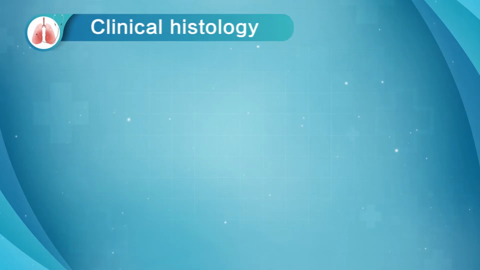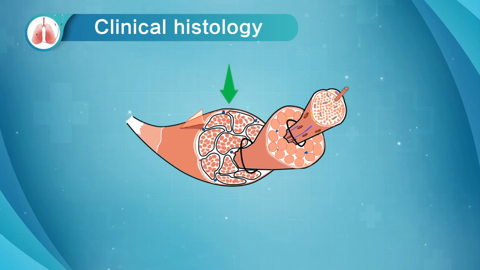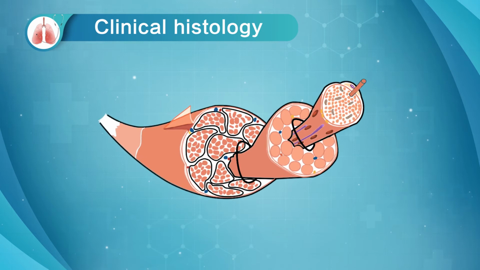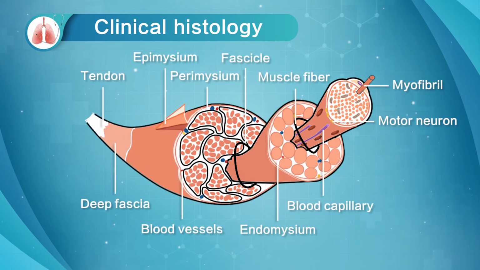Every skeletal muscle has 3 layers of supportive sheets of connective tissue, offering protective reinforcement to maintain the muscle's structural integrity. If we take a piece of skeletal muscle from our body, the entire muscle is surrounded by a dense irregular connective tissue called the epimysium.